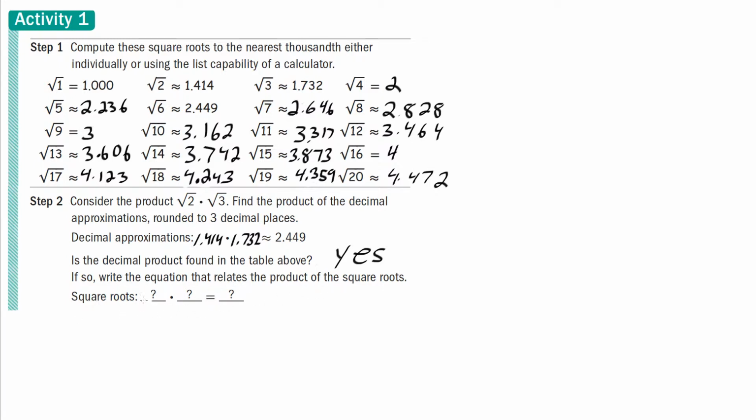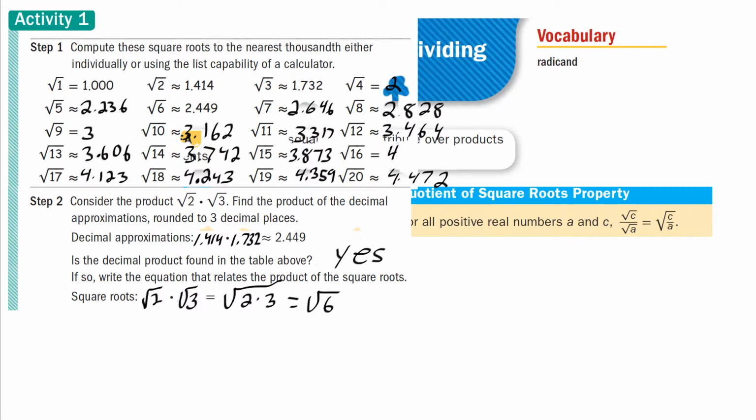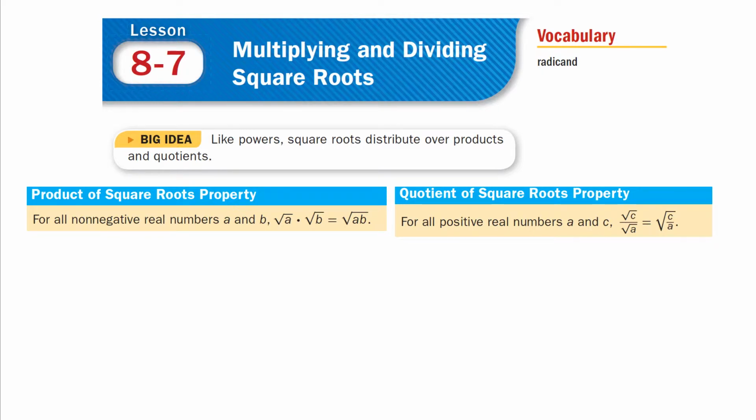And we know from the property we were looking at that indeed the square root of 2 times the square root of 3 is equal to the square root of 2 times 3, which is equal to the square root of 6. Okay, so we have shown our product of square roots property gives us the kind of result we expect. Let's explore it a little bit further.